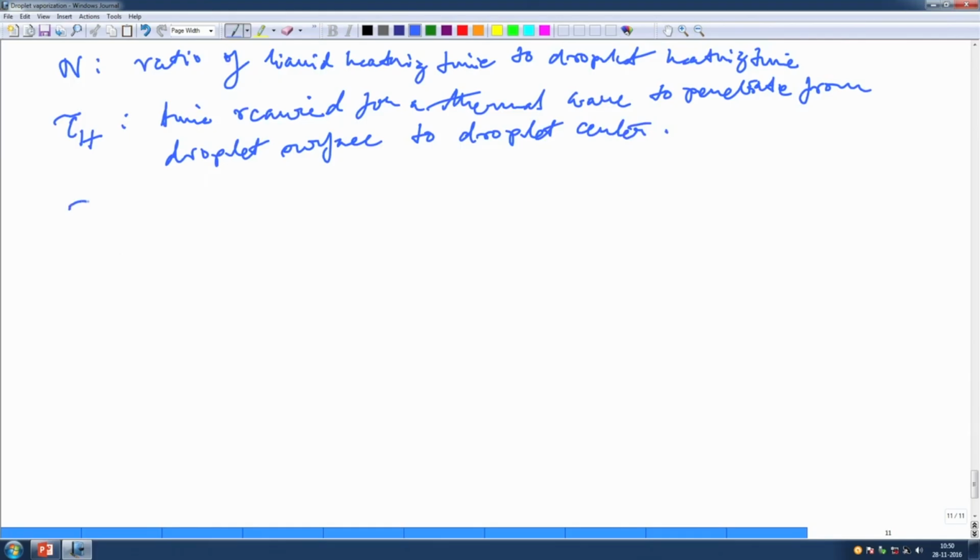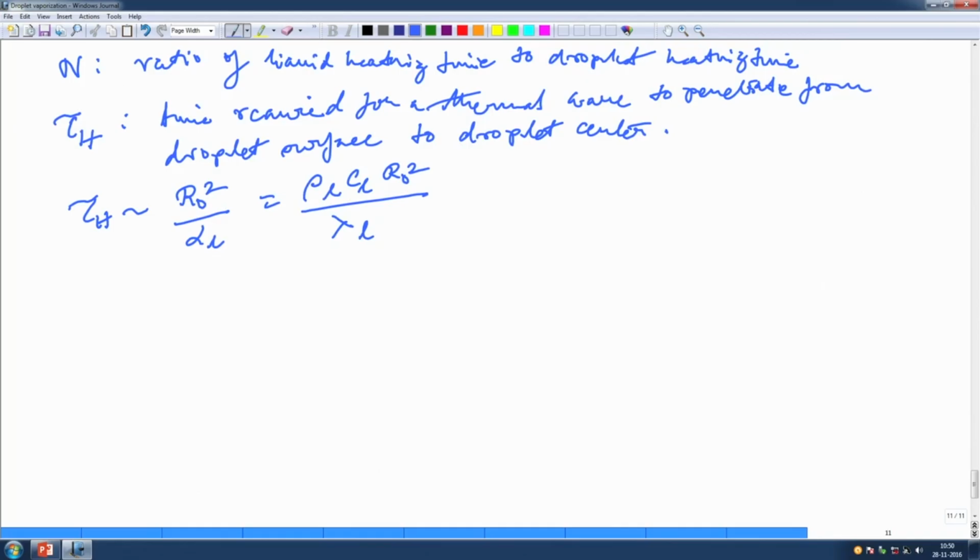Okay. So, tau h is therefore given as R naught square by alpha. That is basically the diffusion scale.